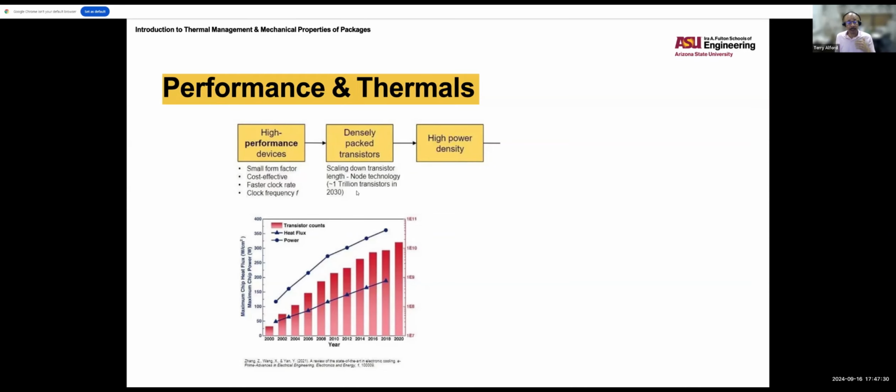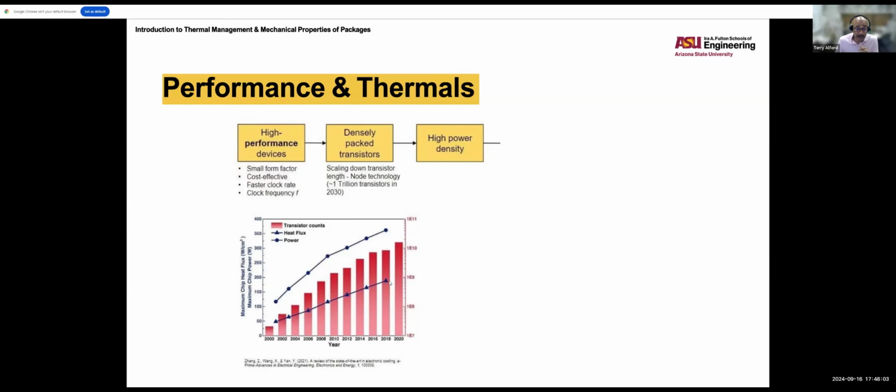And now we're talking about densely packed transistors. Previously, we saw where we went to 1 billion transistors on a chip in 2020. Now, excuse me, 2022. Now we're looking at 1 trillion transistors on a die by 2030.